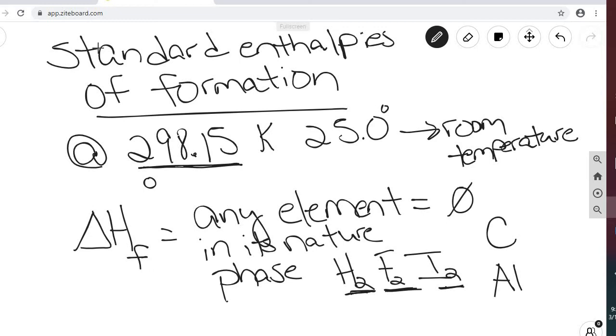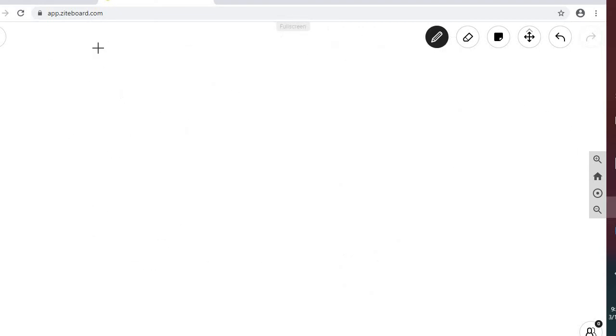Because of Hess's law, what we usually assume when we look at a chemical reaction is that it happened by a formation reaction, even though it may not have, because enthalpy is a state function.